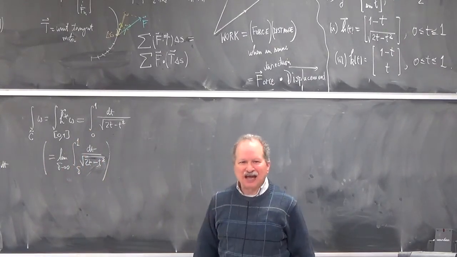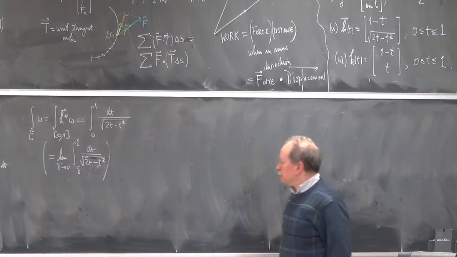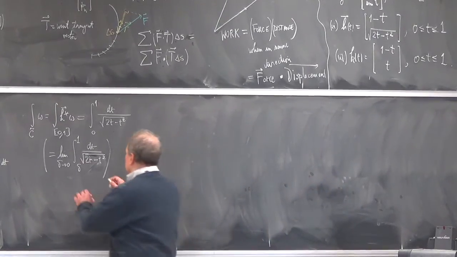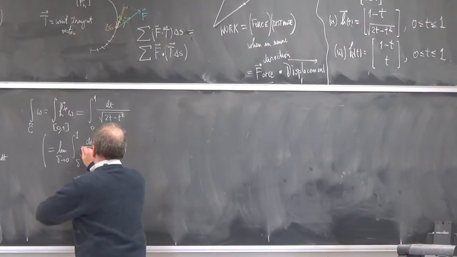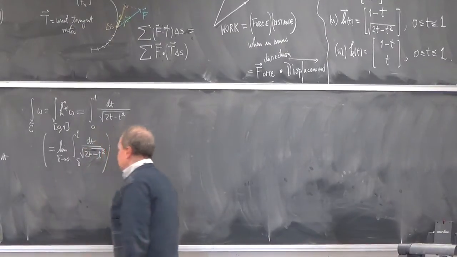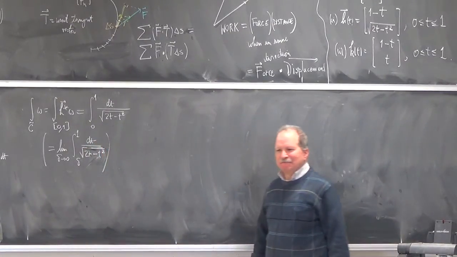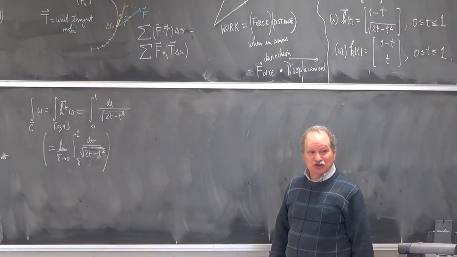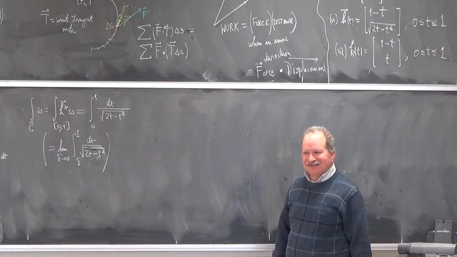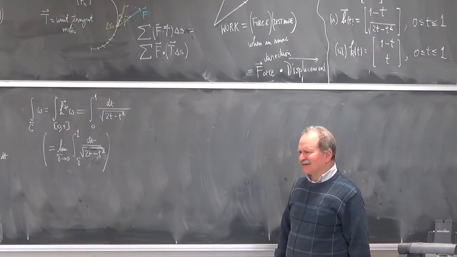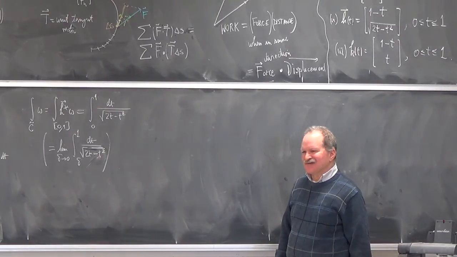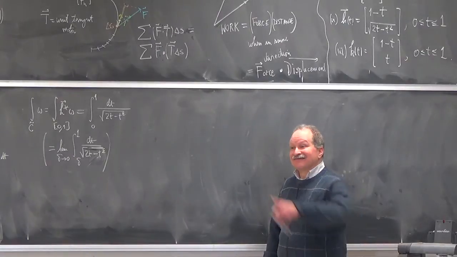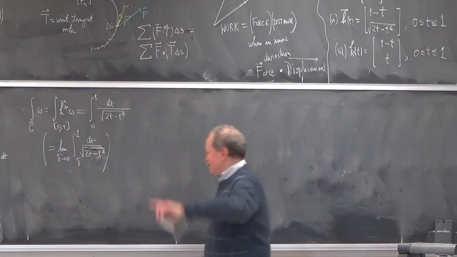But how do we do an antiderivative of this? You could pull out a t if you wanted to. Doesn't it look a little bit like inverse trig functions? Yeah, sort of. It looks a little bit like inverse sine, right?